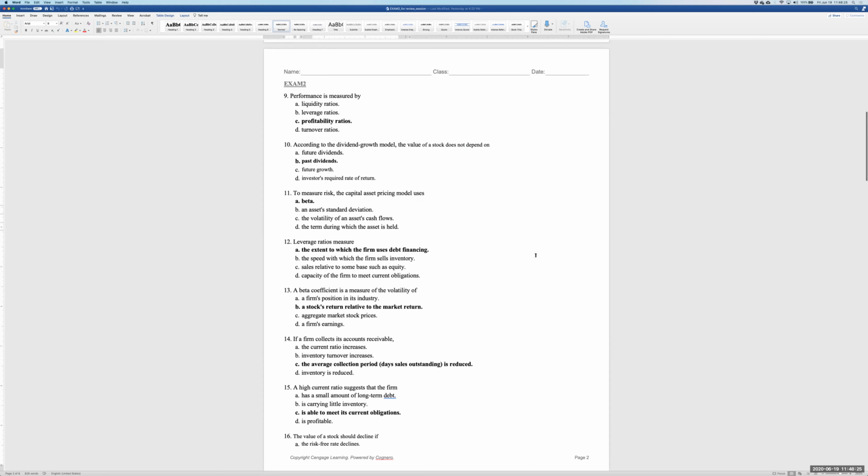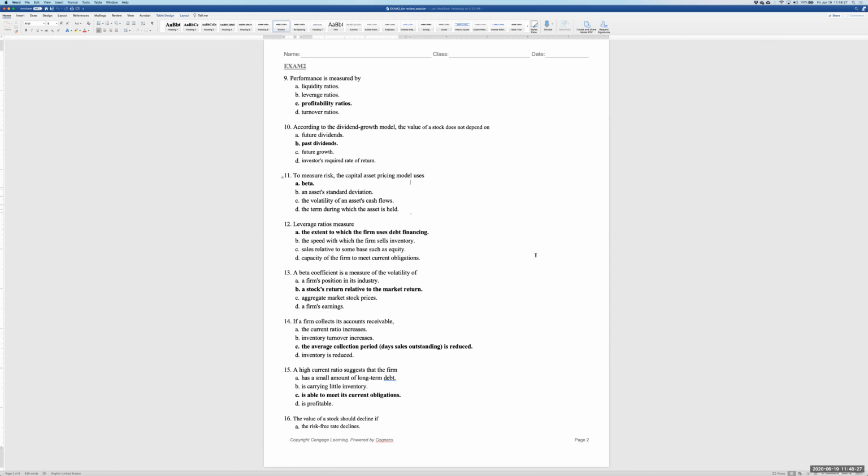Okay, let's continue. Question 11, to measure risk, the capital asset pricing model uses beta, an asset's standard deviation, the volatility of an asset's cash flow, the term during which the asset is held. Okay, the capital asset pricing model uses beta, and let me find the capital asset pricing model for you.